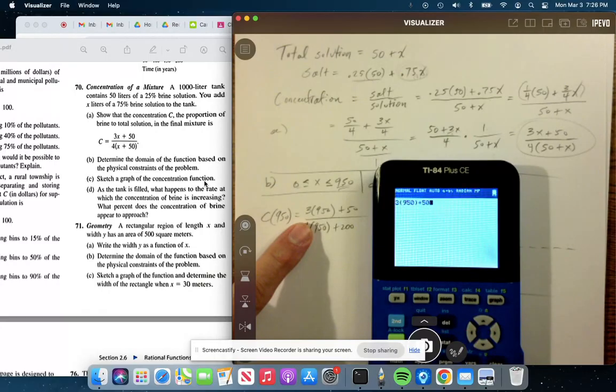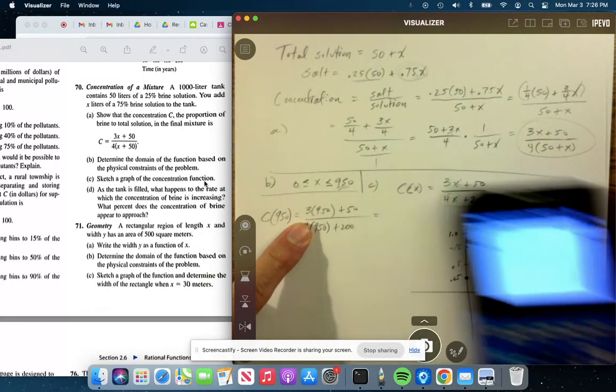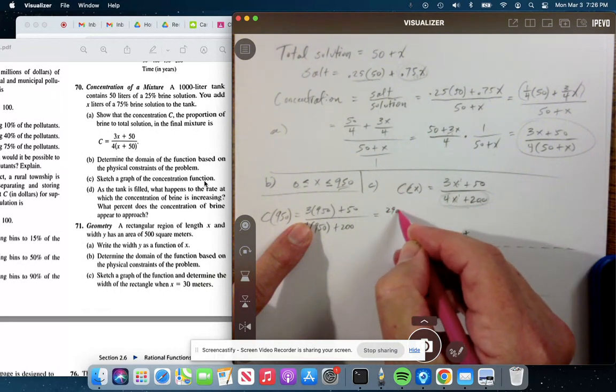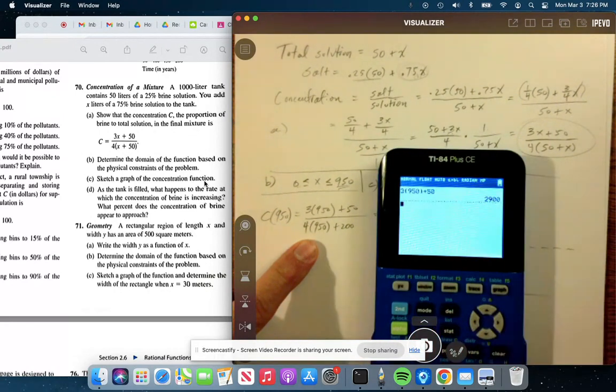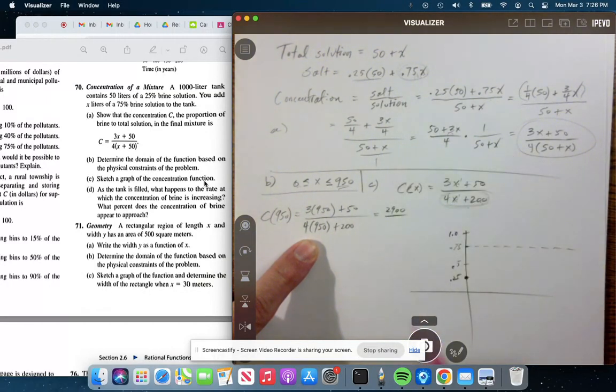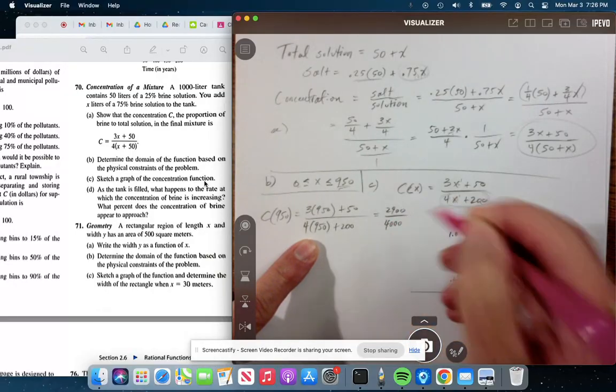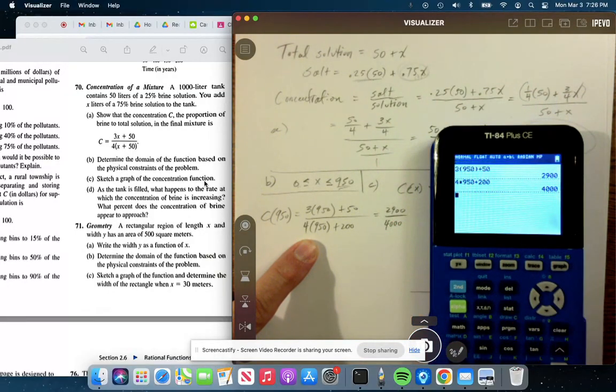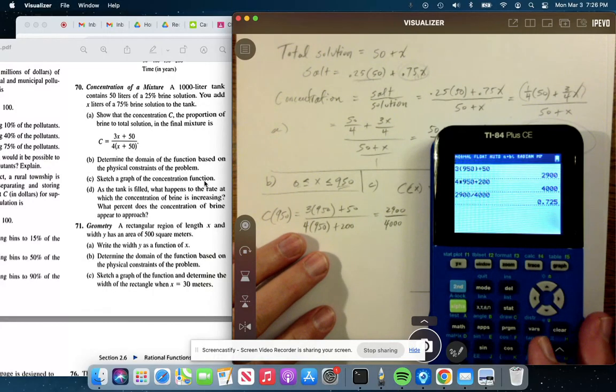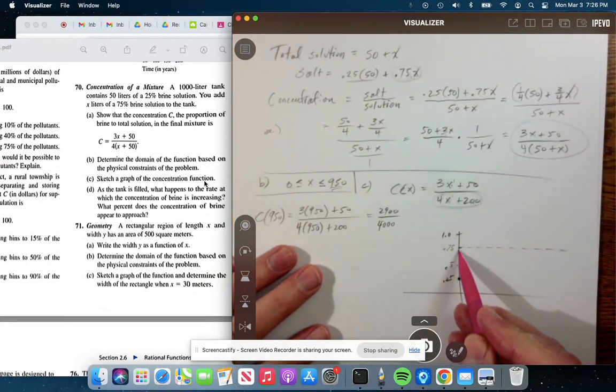Oh, I should have put all that in parentheses. I'll just hit enter. And then, so that's 2,900 divided by 4 times 950 plus 200. That's 4,000. So 2,900 divided by 4,000. 72.5%.